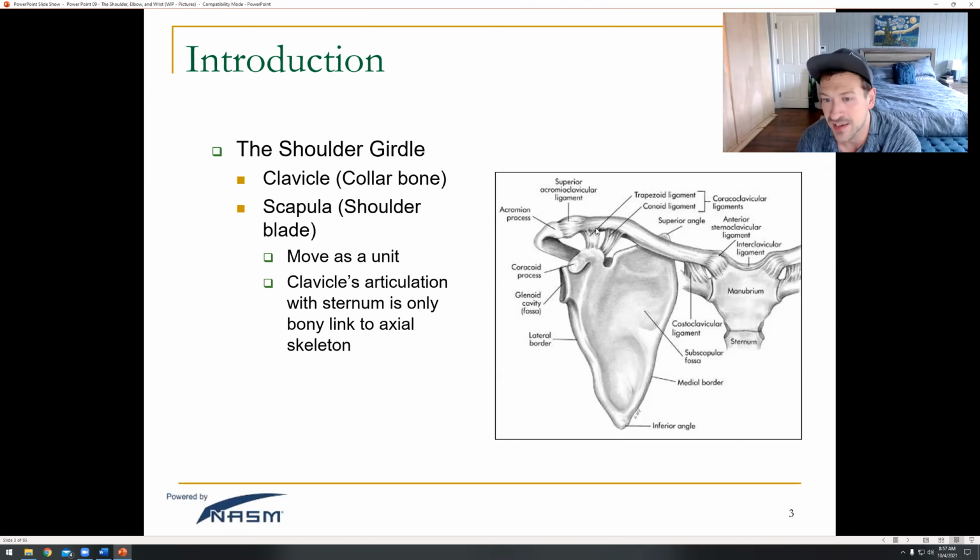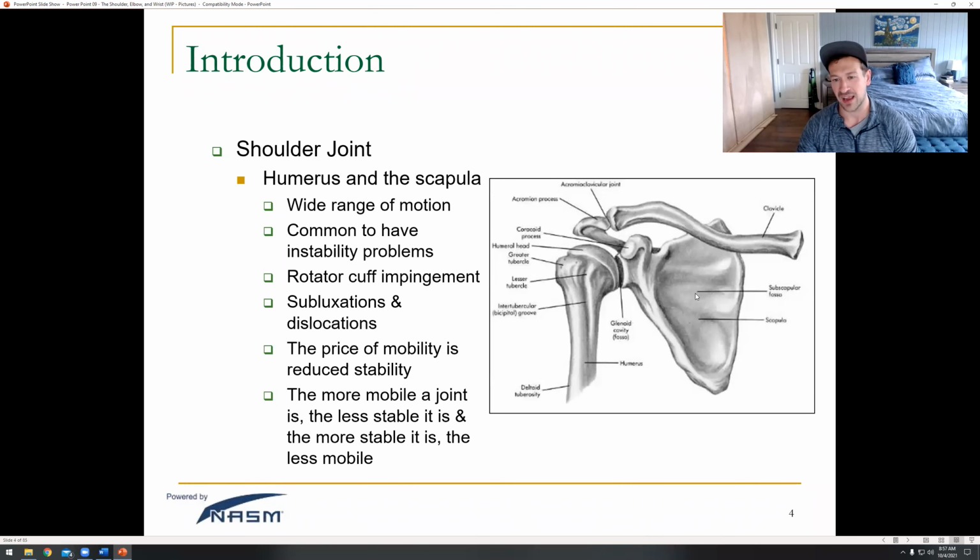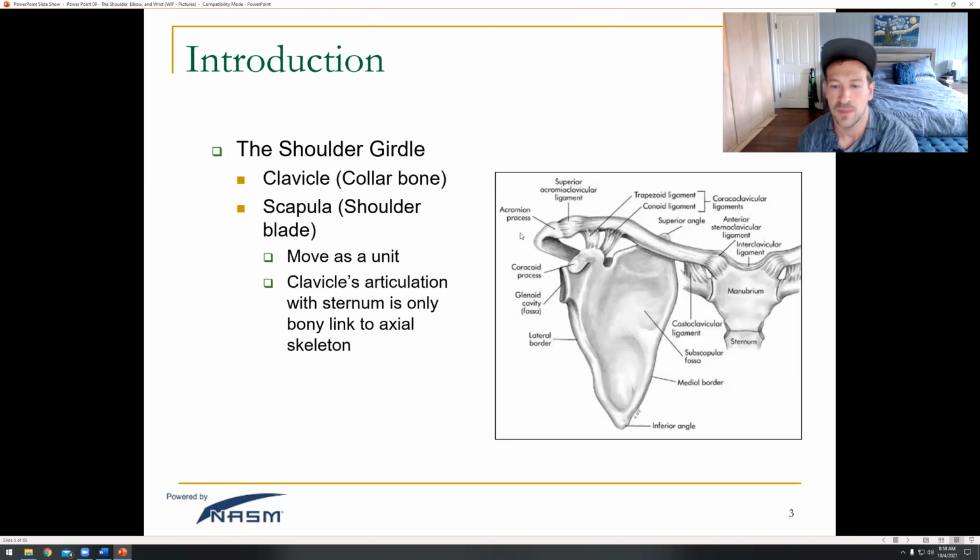So yeah, that's the AC joint there. And the reason it's called that is, again, your collarbone is your clavicle, so that's where we get the term clavicular. And then we'll take a look at the back of the scapula in just a little bit. Do you see how there's this bone that hooks out from behind the scapula and comes around? That is what's called your acromion process.